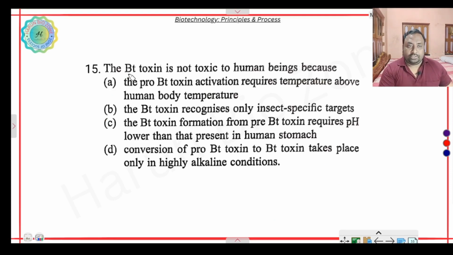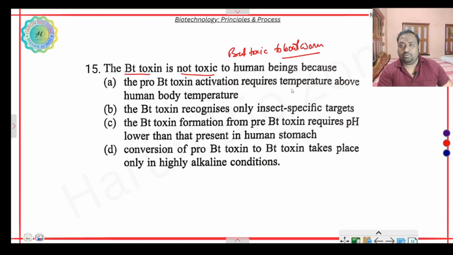The Bt toxin is not toxic to humans but toxic to bollworm, which eats the leaf of the tobacco plant. The pro-Bt toxin activation requires temperature, not temperature.